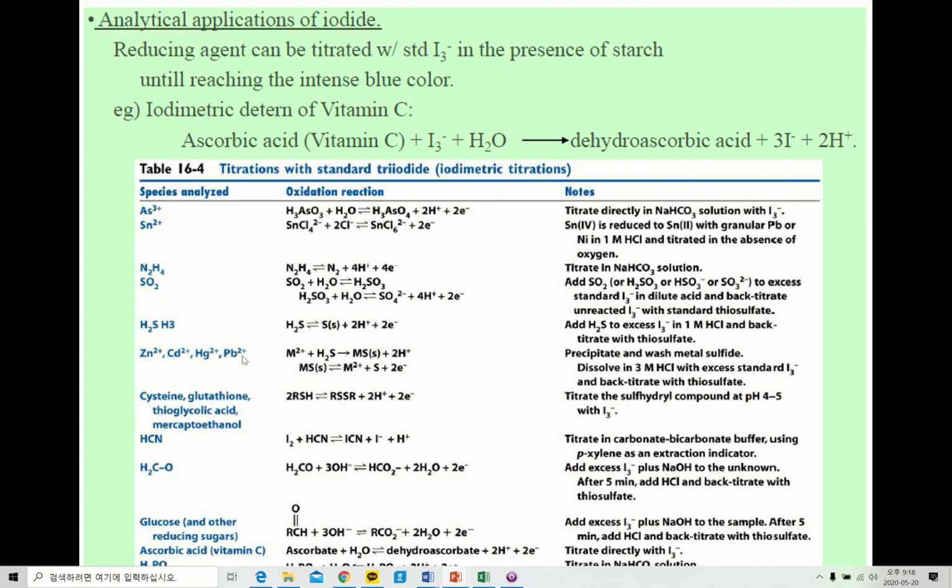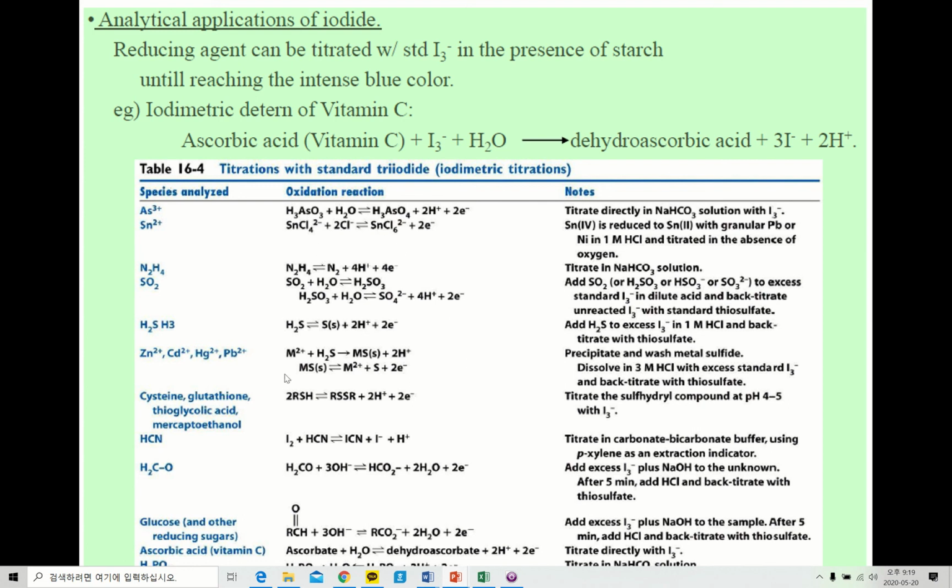There are many species that can be determined by standard iodimetric titration. That means these species directly react with iodine, or triiodide. As a result, this one becomes this one, arsenic acid.